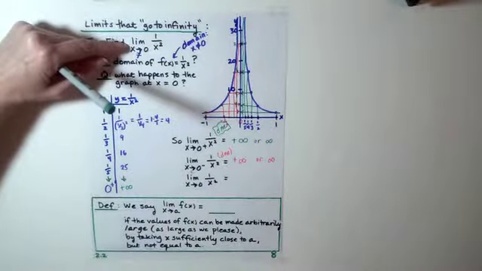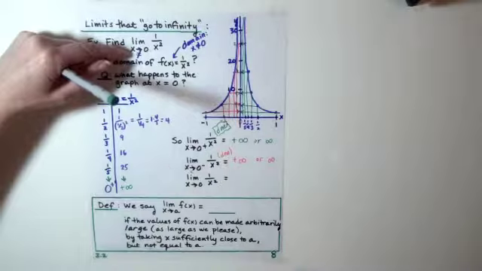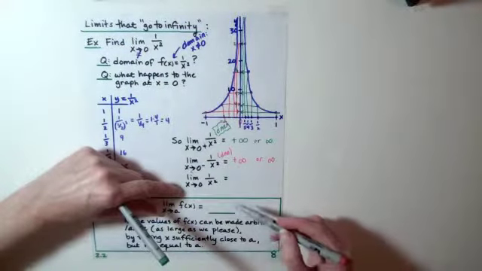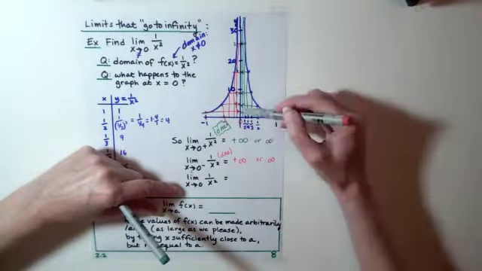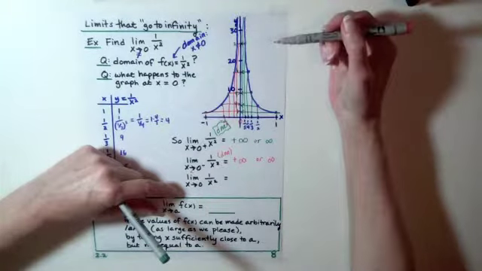Well, what do we say about the overall limit? That's what I was really asking at the beginning of this example. What's the limit as x approaches 0 from both directions? Well, the limit does not exist because the outputs are getting larger and larger.